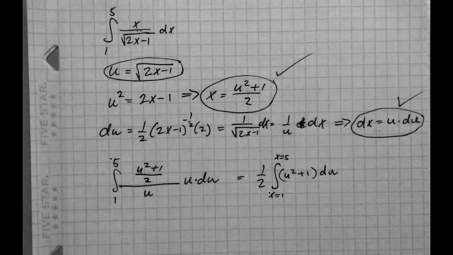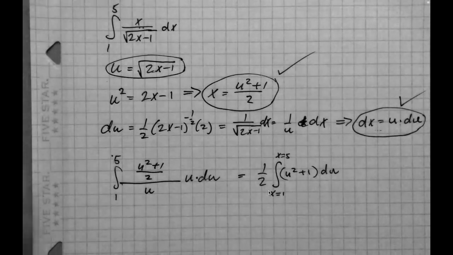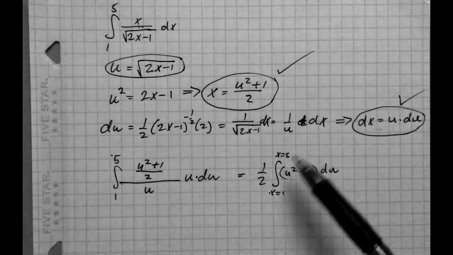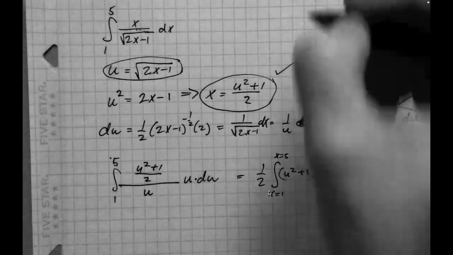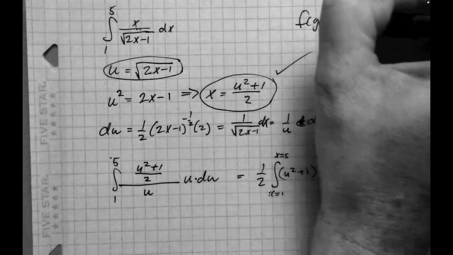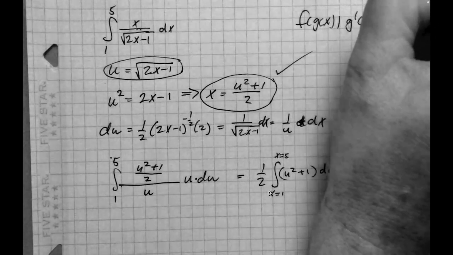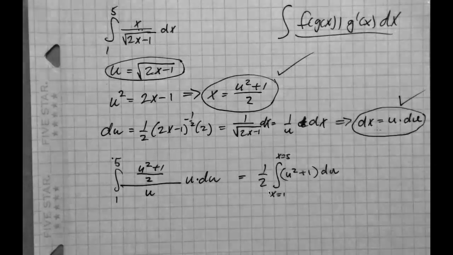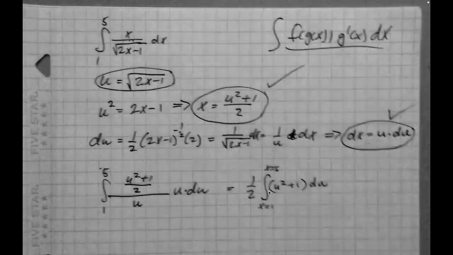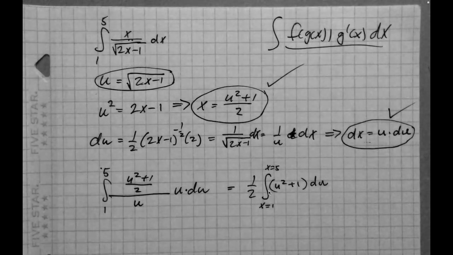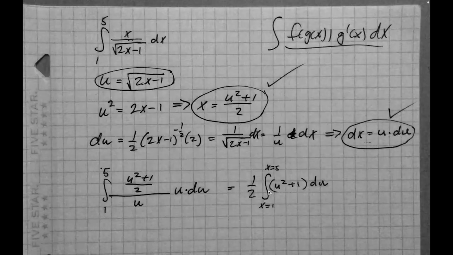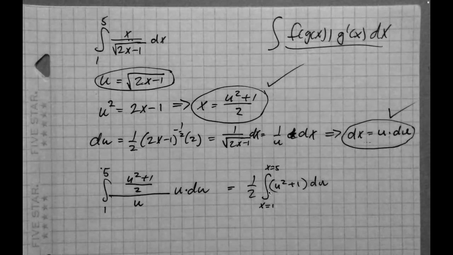Some of these integrals will not obviously fit the pattern of f of g of x, g prime of x dx. They won't always fit that pattern, obviously, but very often you can force a fit using different algebraic techniques.